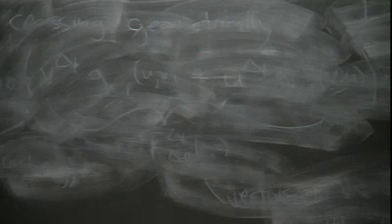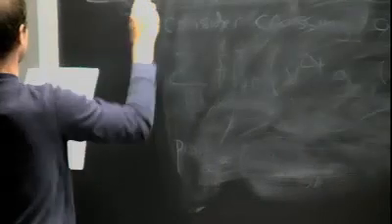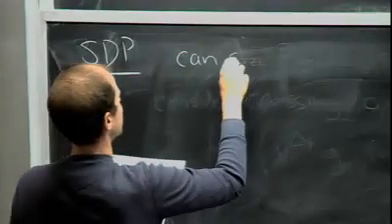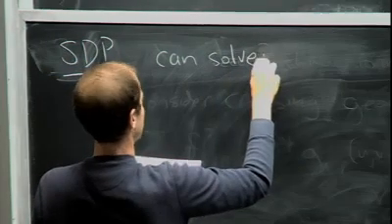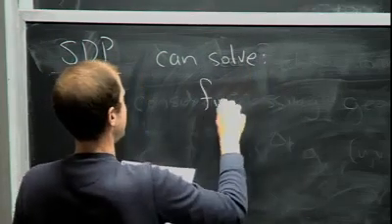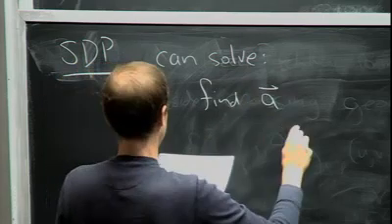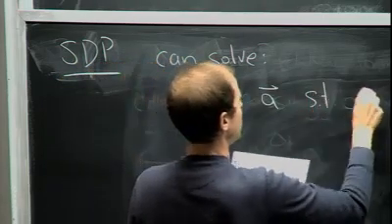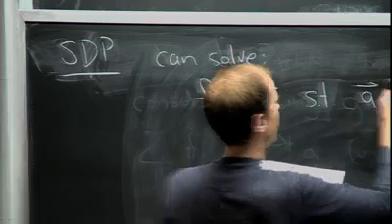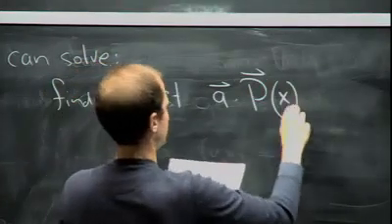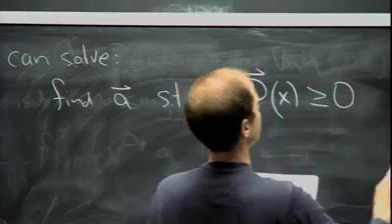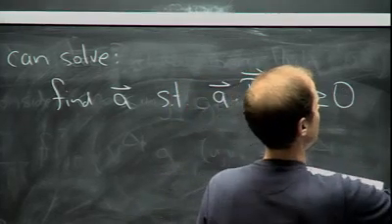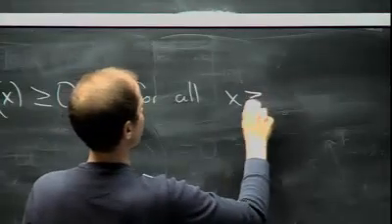Okay, so what is semi-definite programming? With semi-definite programming, we can solve problems of the following form. Find a vector a such that a dot a vector of polynomials is greater than 0 for all x bigger than or equal to 0.